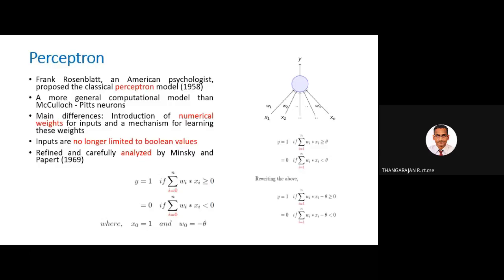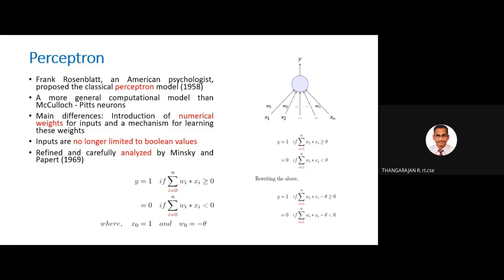The main difference is the introduction of numerical weights. Every input is associated with a weight. The rationale behind using a weight is to emphasize some inputs or features and suppress others, depending on the value of the weight you assign.